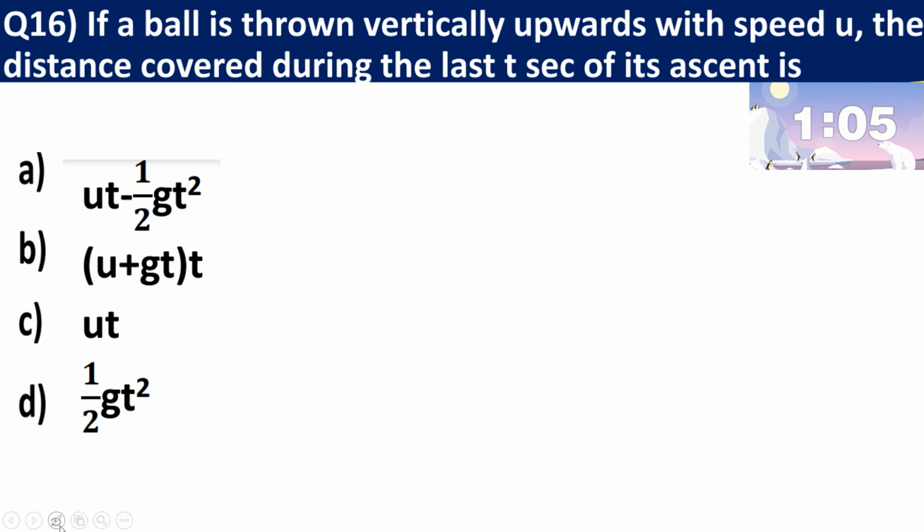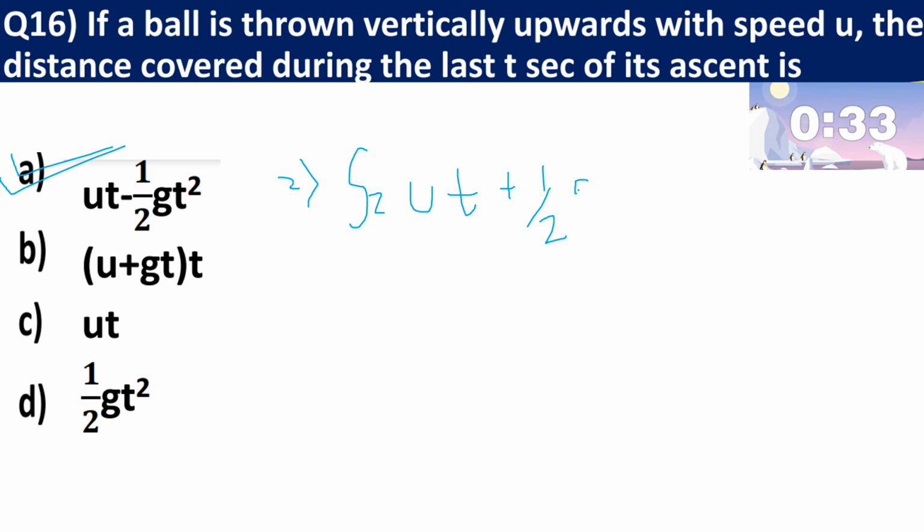So I will show you guys. I think this is the last question of this lecture. What you will get is nothing, guys. It is this, because s = ut + (1/2)at².